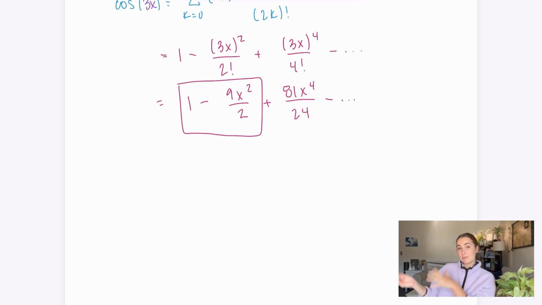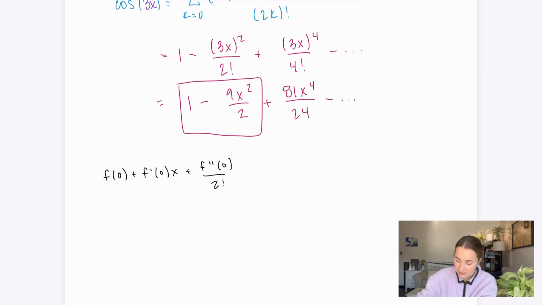If you forget the Maclaurin series for cosine of x, you can always just build it back up. What we have to do is find f of 0 plus f prime of 0 times x, plus the second derivative evaluated at 0 divided by 2 factorial times x squared, plus the third derivative evaluated at 0 over 3 factorial times x cubed, and you keep up that pattern.